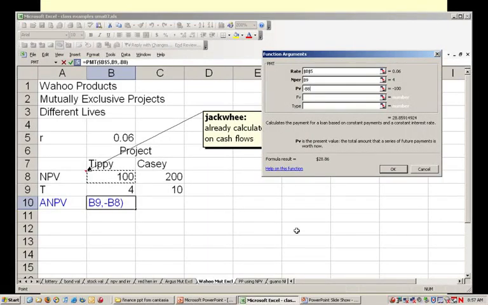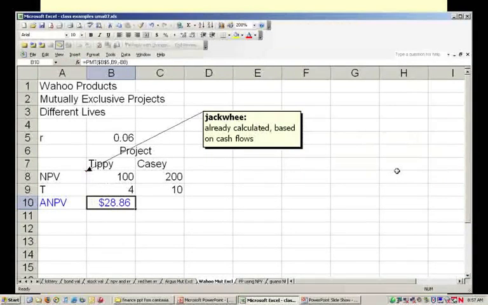Say OK, and you can see I've calculated the annualized net present value for the project Tippy. Now, because I locked the discount rate cell reference, I can put the crosshairs at the southeast corner and drag that calculation over, and we get the annualized net present value for Casey.